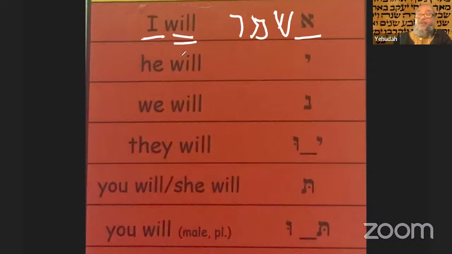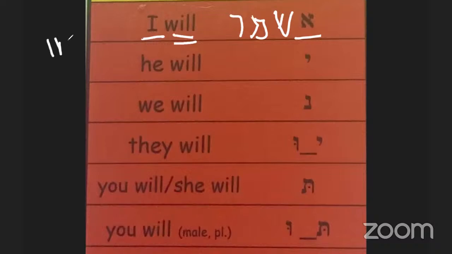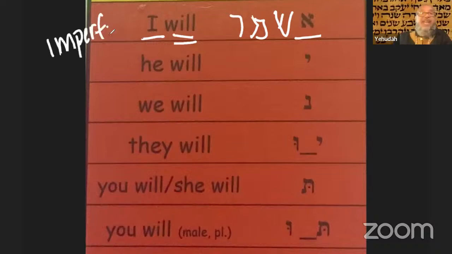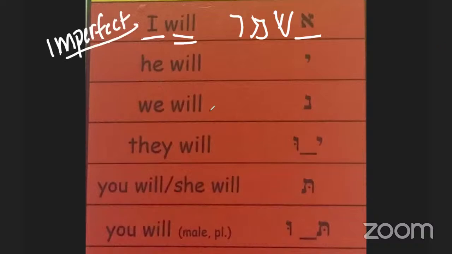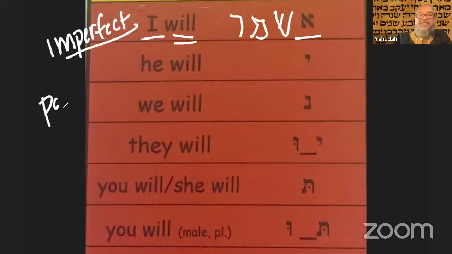If it's in the future tense, is it perfect or imperfect? It's imperfect because it hasn't been done yet. If it was perfect, it would be in the past. The past is perfect. The future is imperfect.